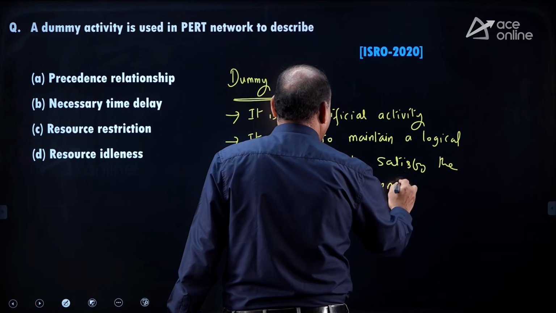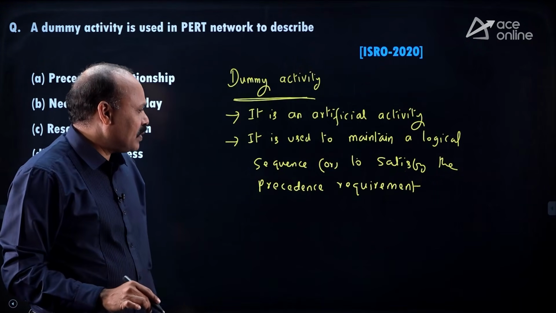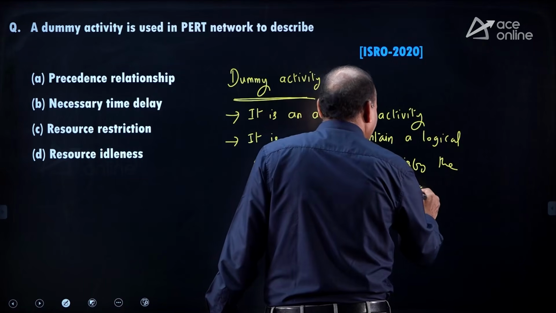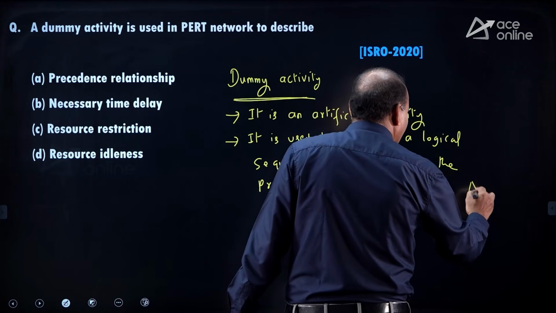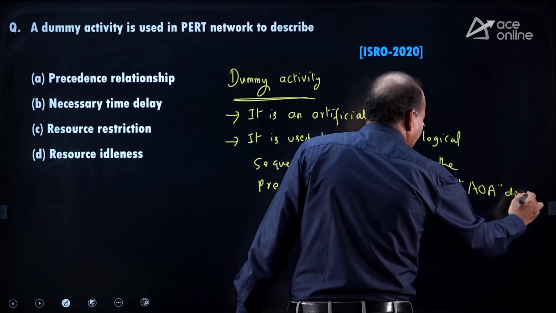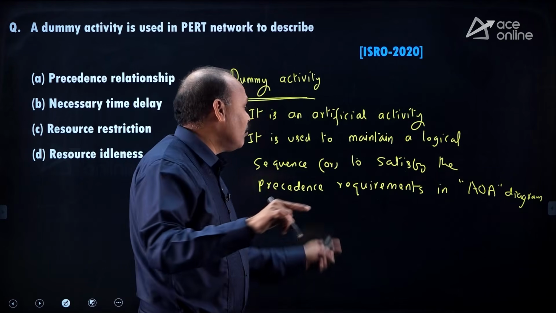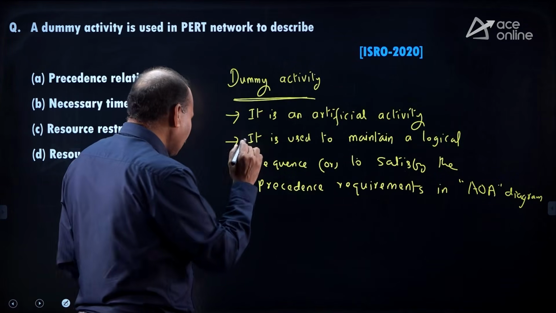So what is the purpose of a dummy activity? It is used to maintain a logical sequence or to satisfy the precedence requirements in an AOA diagram. What is the AOA diagram? Activity on arrow diagram. Activity on arrow diagram will use dummy activities.